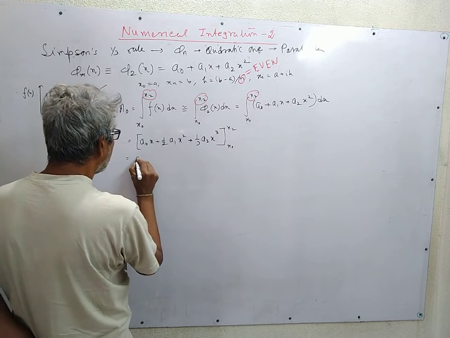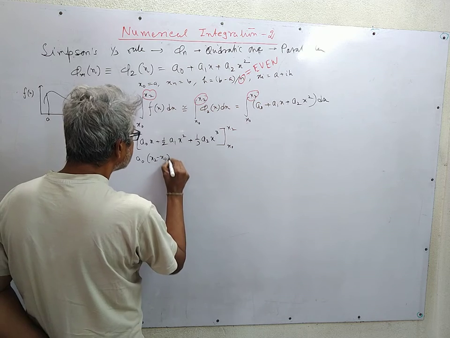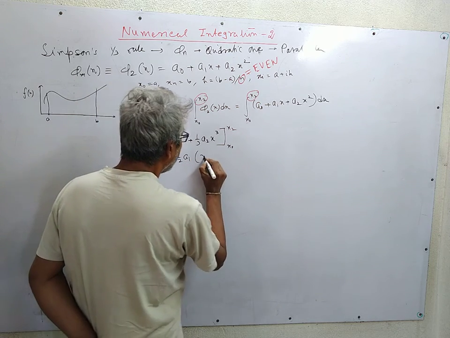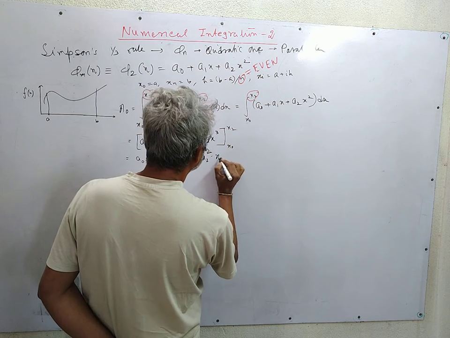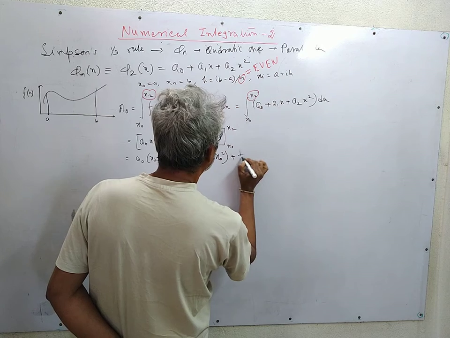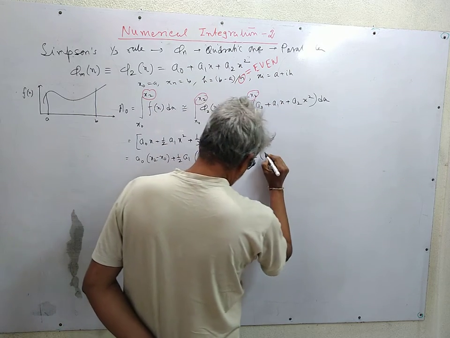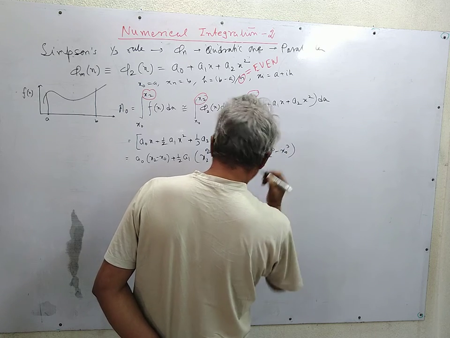So that is to say a0 times x2 minus x0, plus half a1 times x2 square minus x0 square, plus 1/3 a2 times x2 cube minus x0 cube.